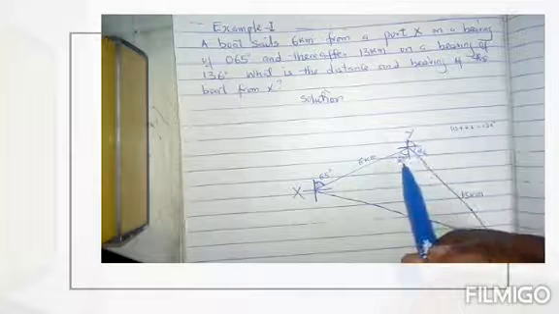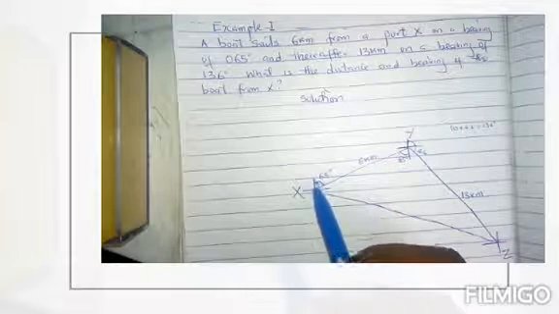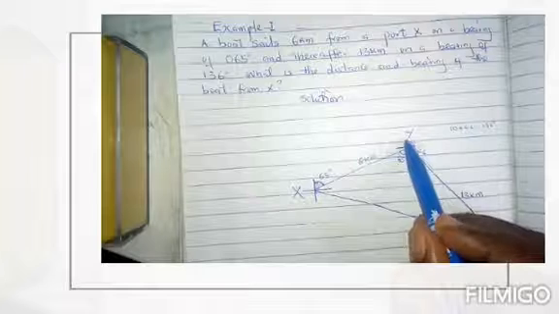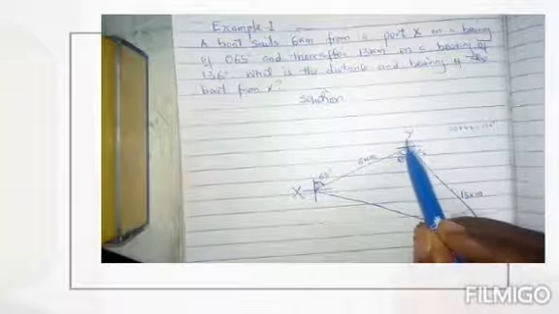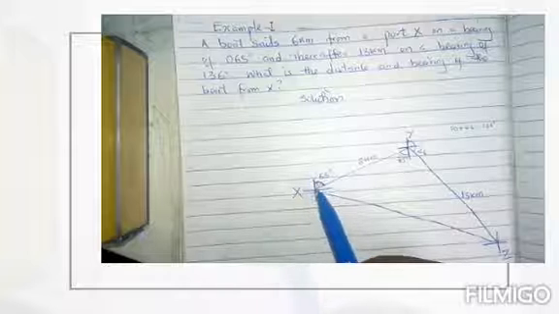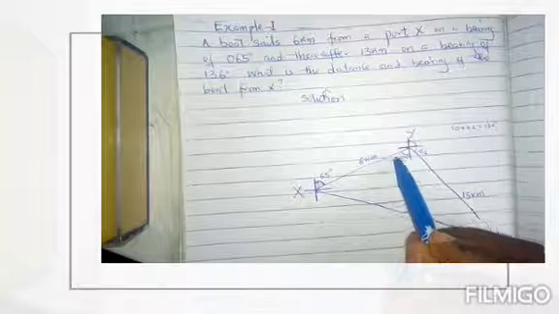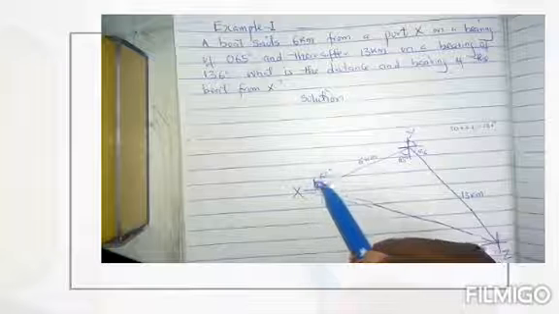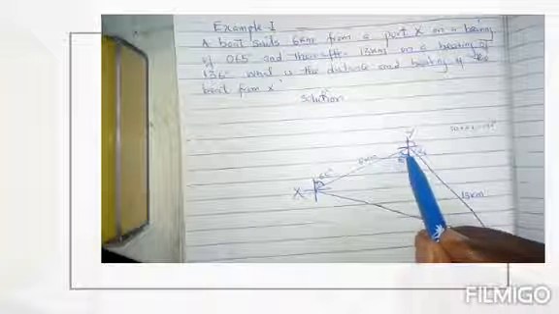Alternate angles. Look at this line and this line, they are parallel. They are the line north to south, the line north to south. So this line is like a transversal. So this angle here is alternate to this angle here.